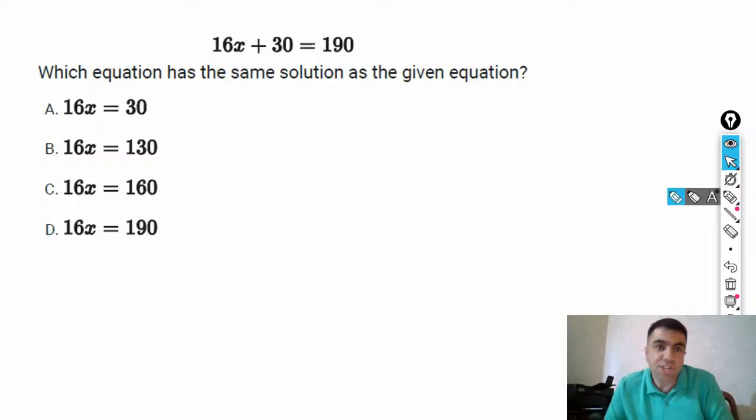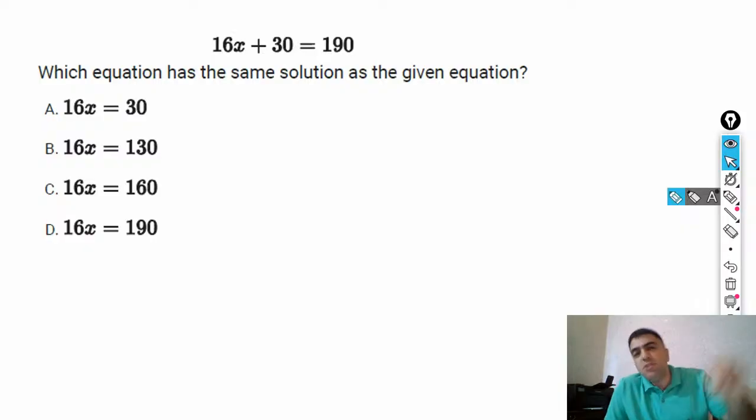Which equation has the same solution as the given equation? Answer C. Right.